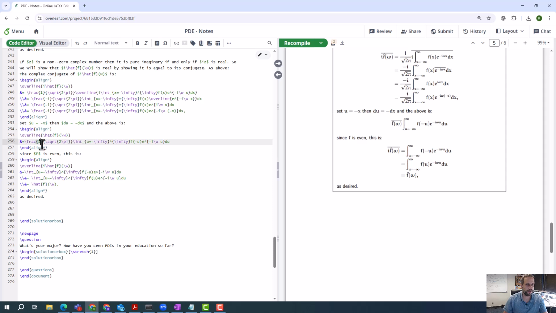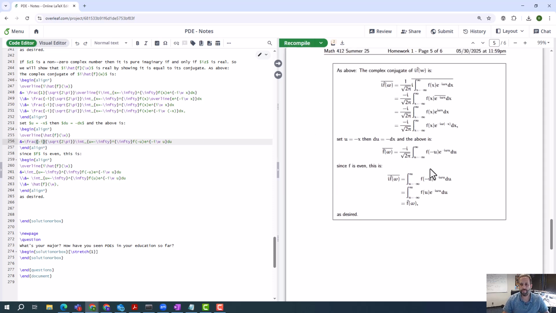Okay, and there's going to be a minus I here. Okay, now what's going to happen, since f is odd, f of minus u is equal to minus f of u. Since f is even, this should say odd. That is f of minus u equals minus f of u.